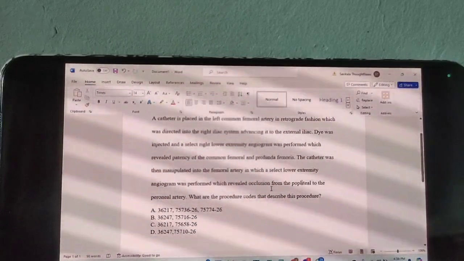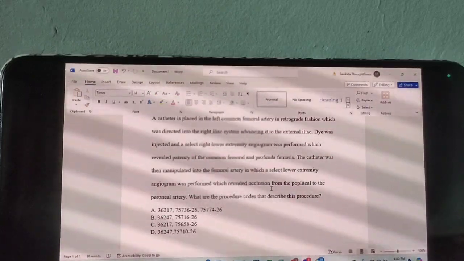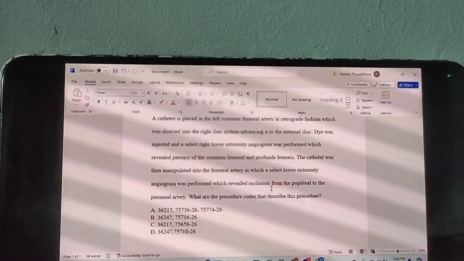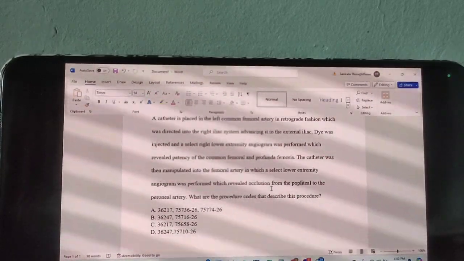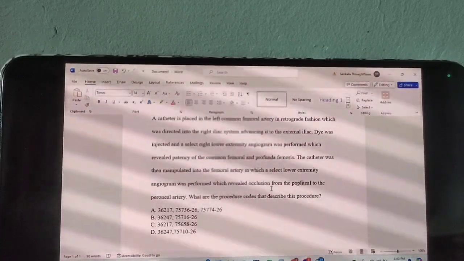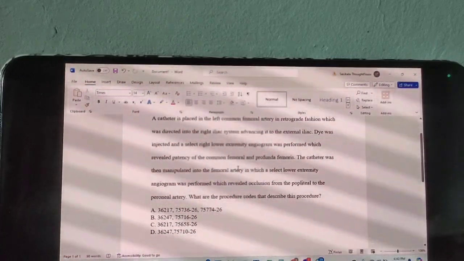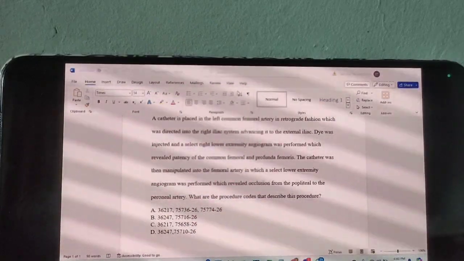End point. So based on the final destination only, we select the code section. Finally, the catheter reached the popliteal, so we consider it beyond the third order. Did you understand now? Yes, ma'am.